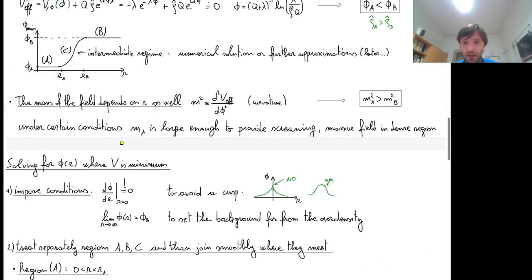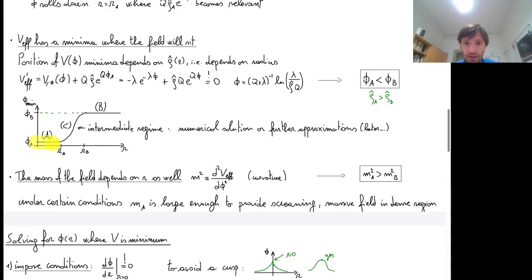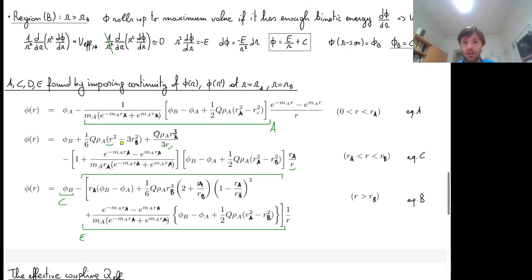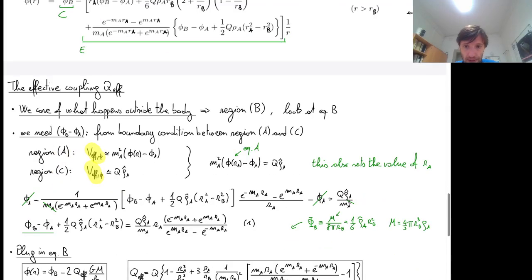Remember, this is region A, region C, and here they must be equivalent, right? Therefore, the derivative of the effective potential coming from this side or from this side must be the same. Nice.